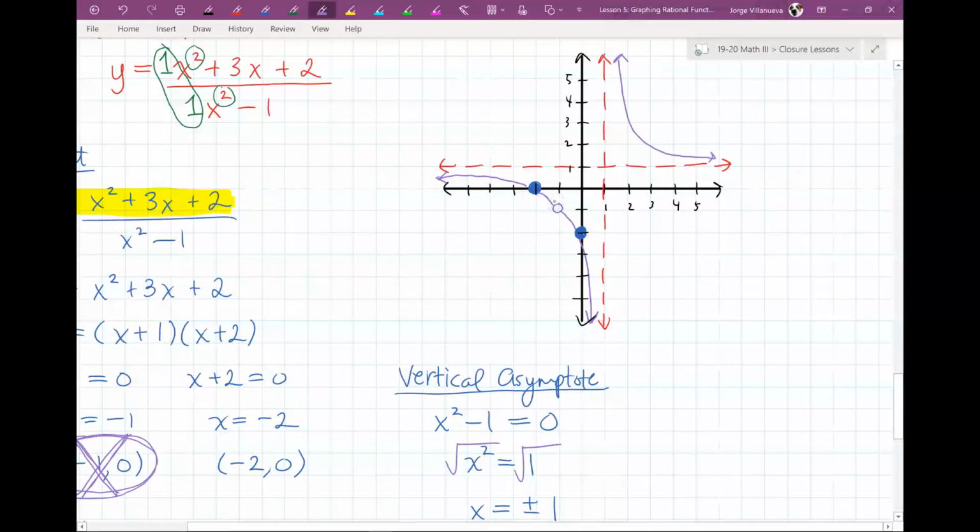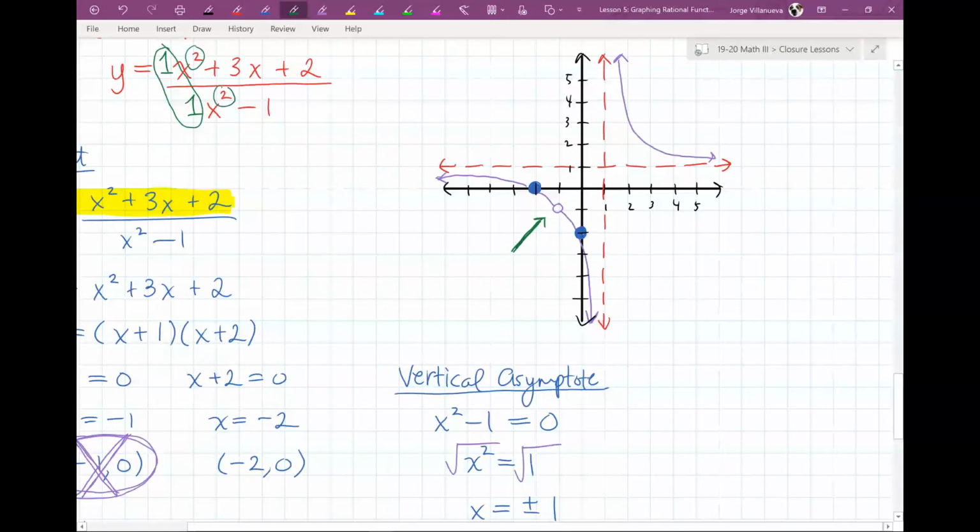Where this little circle is, there used to be a vertical asymptote, but it disappeared. Since it disappeared, you have to put a little empty circle right there. You still draw the graphs the same way, you just put a little circle.